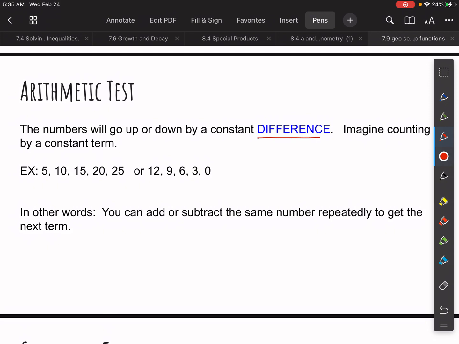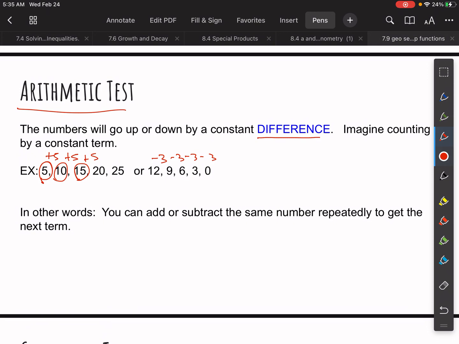So here I start with a 5, okay, and then I go to 10 and then 15. I'm not multiplying by a common thing, okay? I'm actually adding 5 each time. So I'm not multiplying with these arithmetic sequences. I am adding or subtracting. In this case over here we're subtracting by 3 every time.